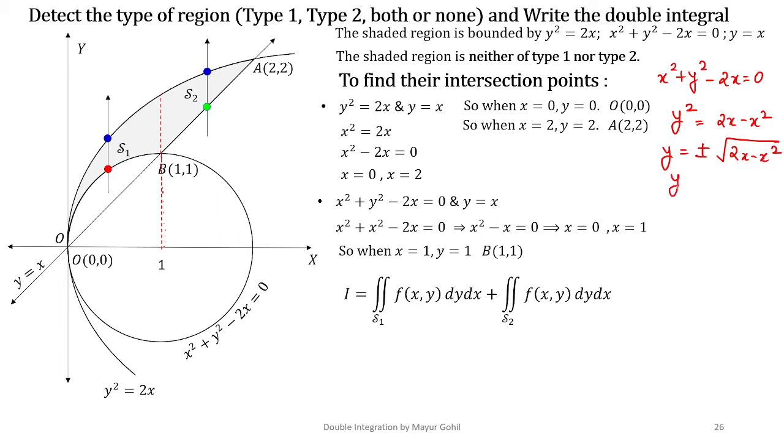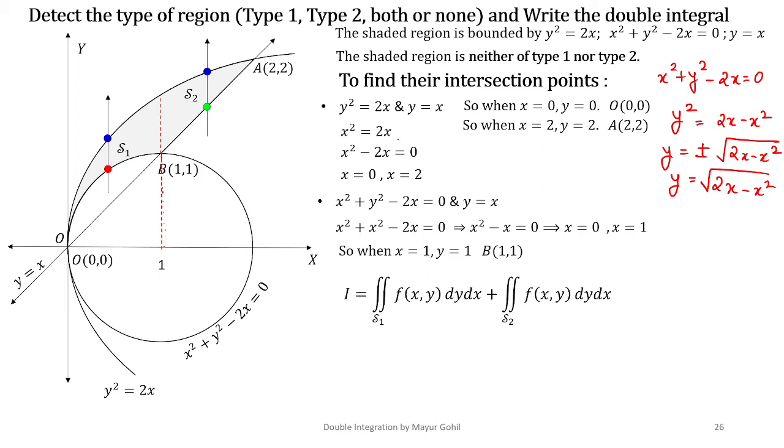Because it is the upper semicircle above the x-axis, we will have the positive square root, square root of 2x minus x square. So that is the lower limit of S1, for the innermost integral.